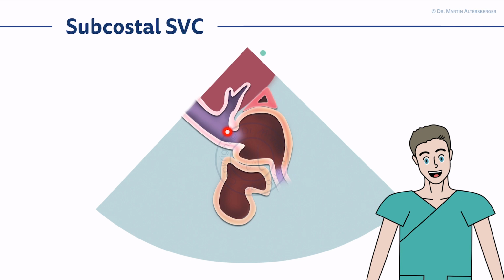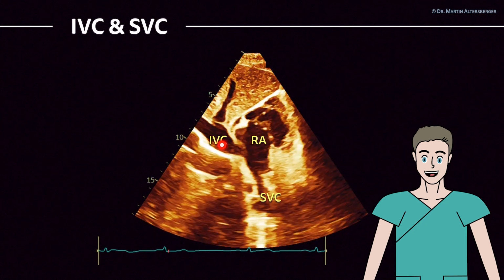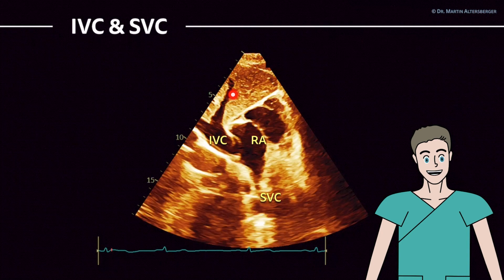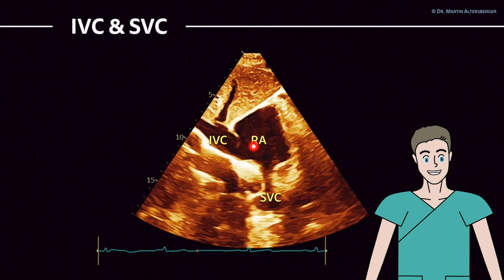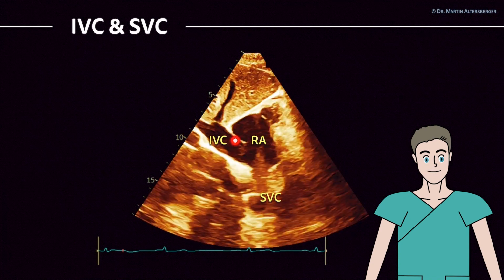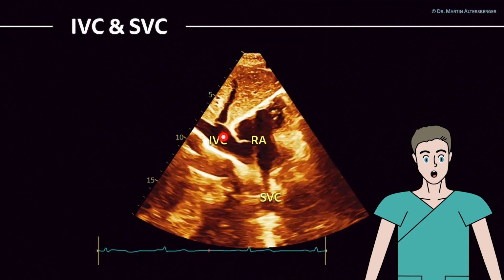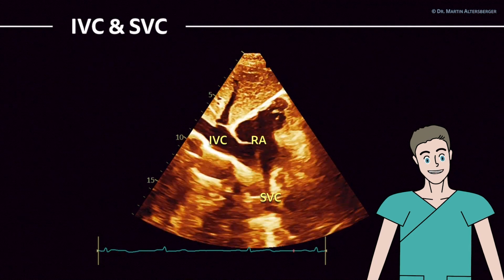Previously discussed, the continuation of the IVC is the SVC. You can use it to see the IVC also. Sometimes in this view you get an optimal differentiation of this hepatic vein, and here the entering of the IVC into the right atrium. This is the tricuspid valve. Here we have the Eustachian valve, a very prominent Eustachian valve. And the continuation of the IVC is the SVC, the superior vena cava.